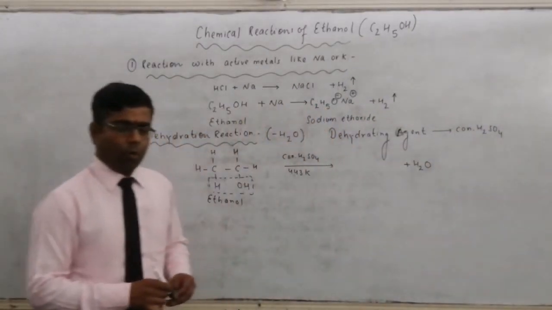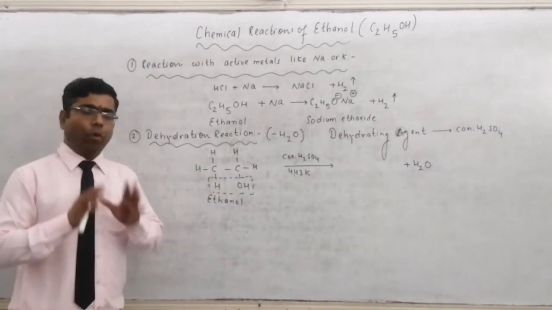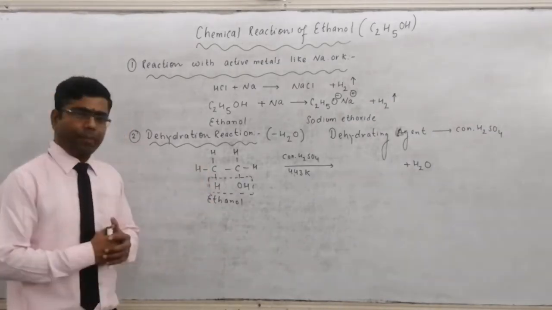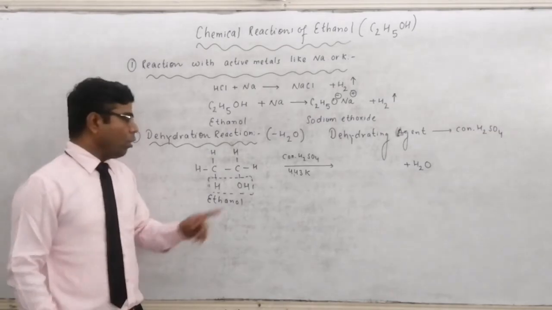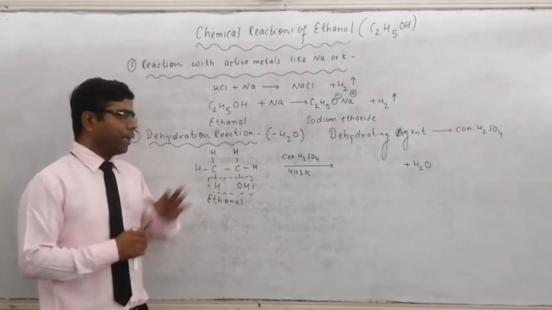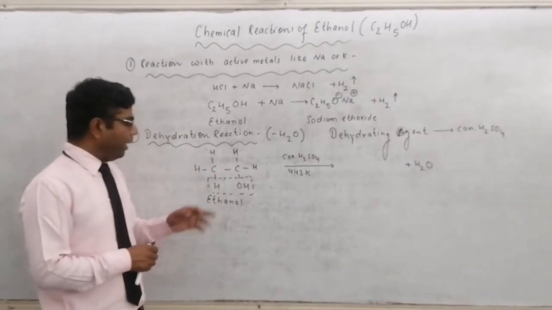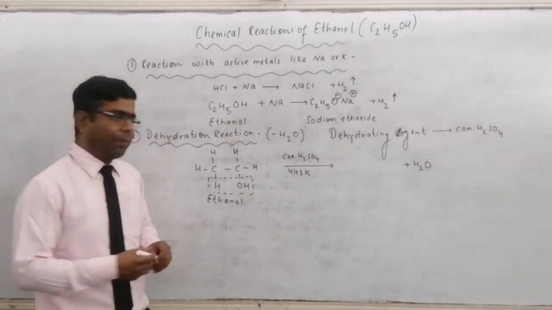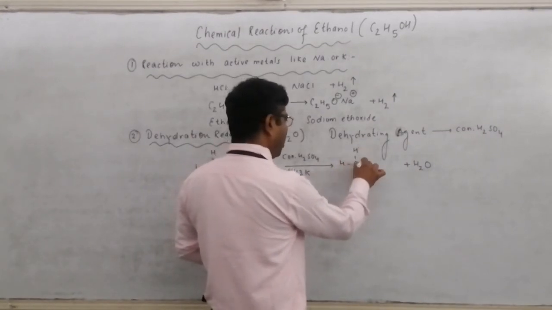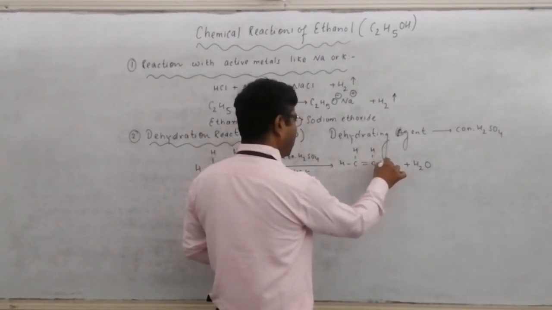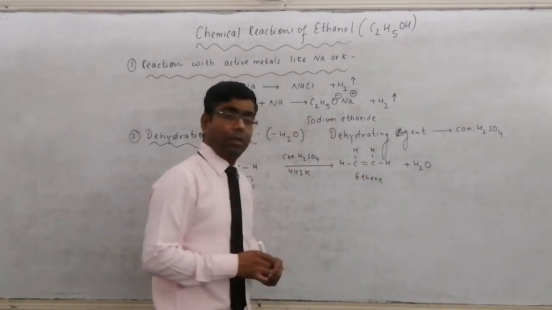H2O. Now, when one H is removed from this carbon, it creates a bond deficiency of one over this carbon. When OH is removed from this carbon, it creates a bond deficiency of one over this carbon. Both carbon atoms are one bond deficient. So what will happen? There will be formation of a double bond between the carbon-carbon atoms, as a result of which ethanol will be converted to ethene.